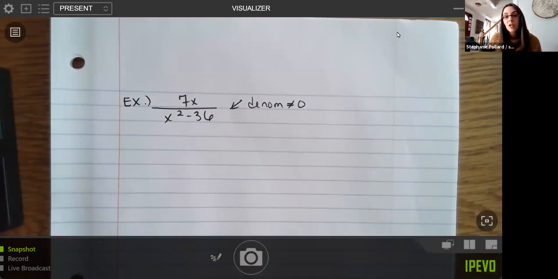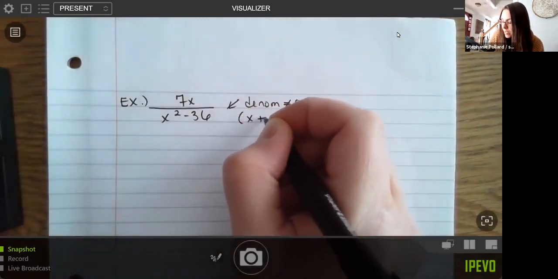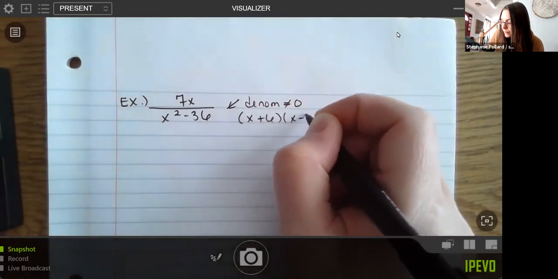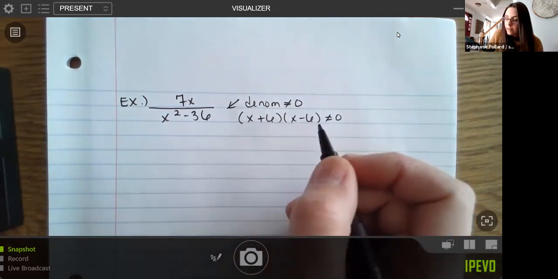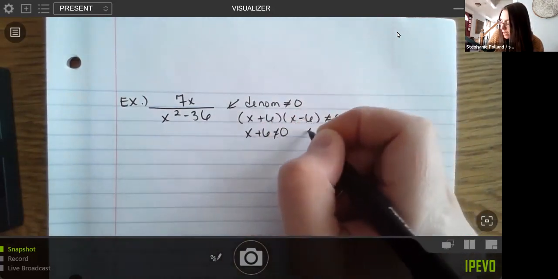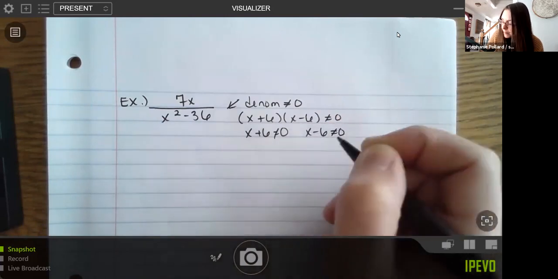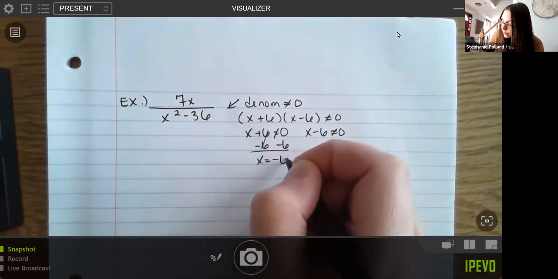If you can't factor and you do have a square, you could try using the quadratic formula as well. So that's another strategy. But again, for our purposes, these are typically going to be factorable. So this factors into x plus 6, x minus 6. I set each factor equal to 0 or not equal to 0. As long as you exclude those values in the end, you can think of it either way.